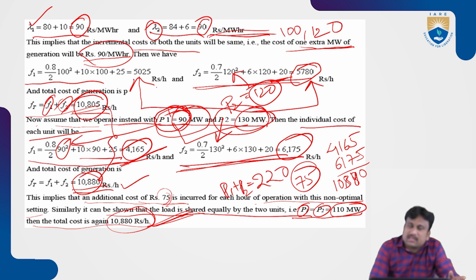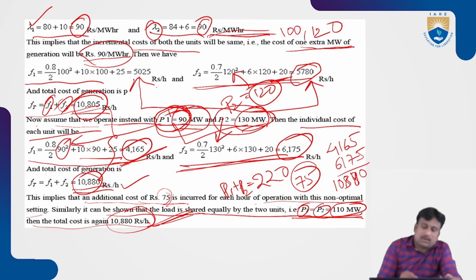With 100 and 120, versus 90 and 130, versus equal sharing at 110 each, the cost is about 10,880 rupees per hour.